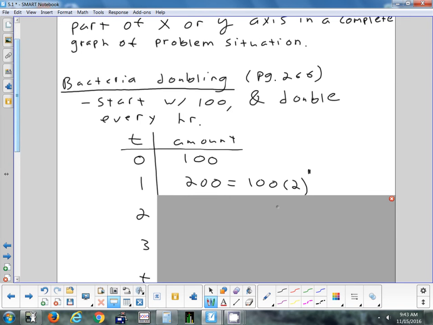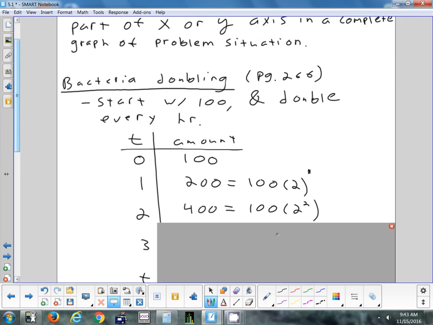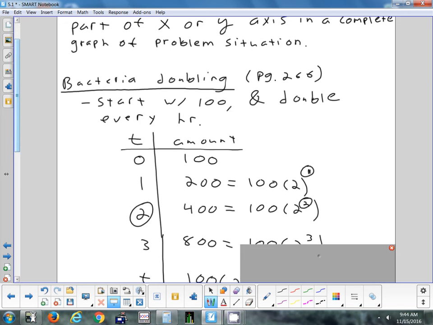Type in 1 for your horizontal line. And let's try zoom 6. Looking at the negatives, that doesn't make sense, so don't worry about the negative. But I did not hit it within 10 days. So let's go out to 100 days. There's my substance, decaying.